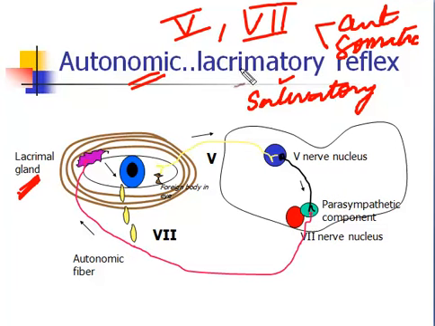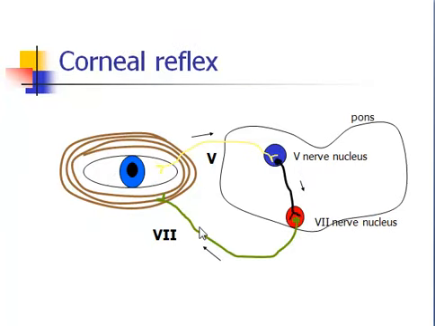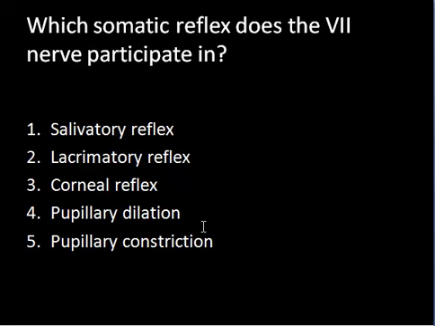So you can put both lacrimatory and salivatory for fifth and seventh. So those will be the autonomic. And the somatic will be, like I showed you earlier, the corneal or the conjunctival. So notice up here, corneal and conjunctival, you see both nerves. So therefore, the answer to this question was the corneal reflex.